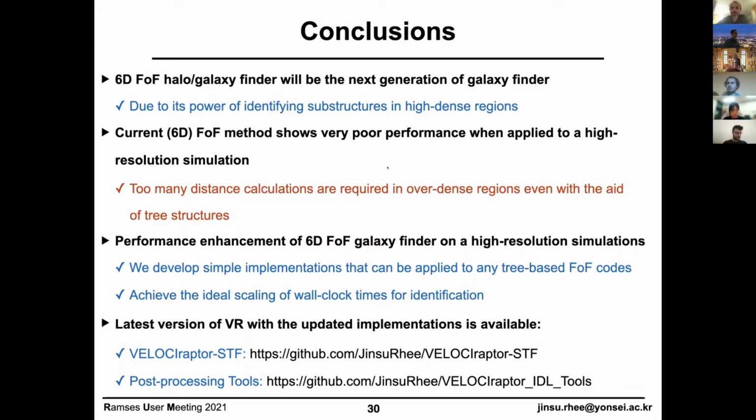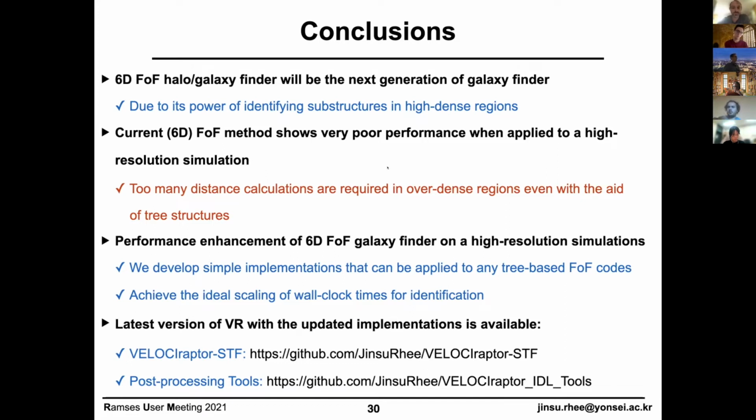Thank you very much for this nice talk on the impressive acceleration of the code. I'm just wondering, how do you deal with the usual friend-of-friend issue like bridging, and also how do you define the linking lengths in velocity space? Which linking length do you take in velocity space?